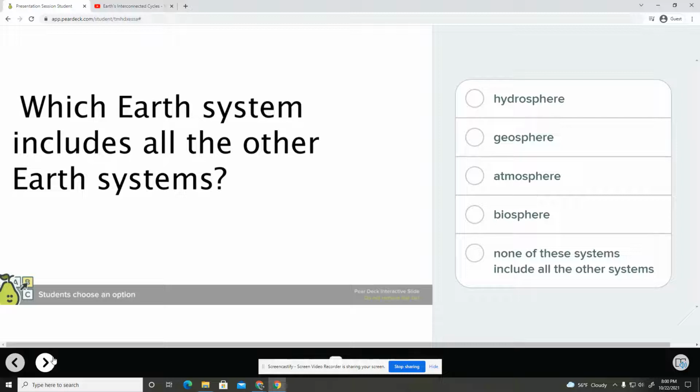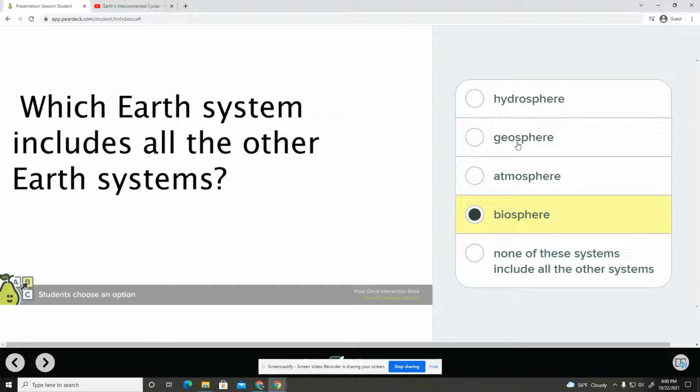So, which Earth system includes all other Earth systems? And the correct answer is a biosphere. Now, understanding what each one of these are and how they interact with each other is extremely important. So, what would be an example of multiple spheres working together?